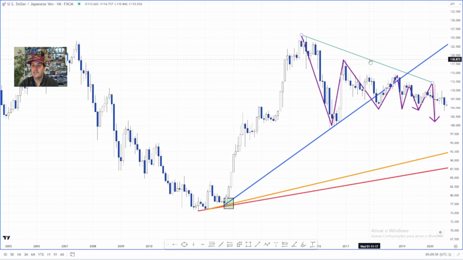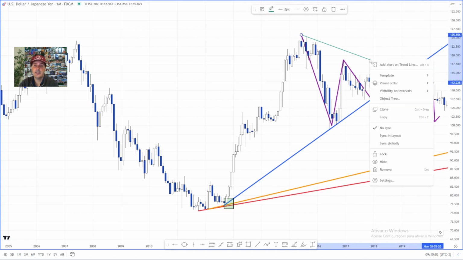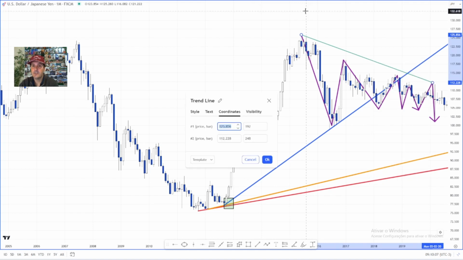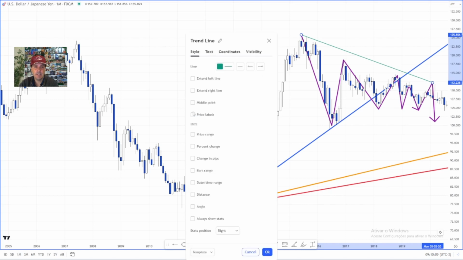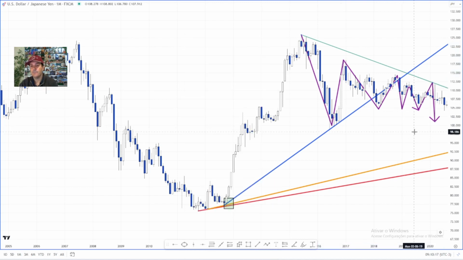Even if you draw the short-term trend line, you can right click and you have this setting here, and you can say, I believe, extend right line. So you just extend it. Okay, so boss, this is a no-brainer.